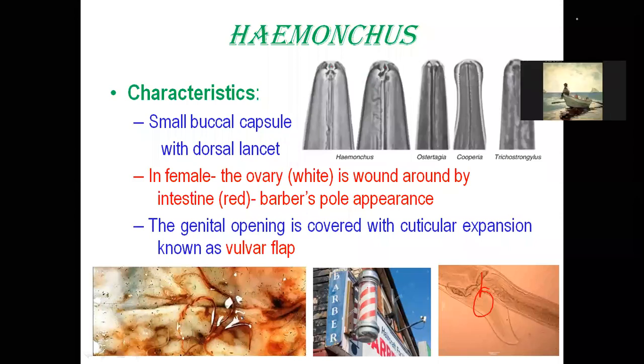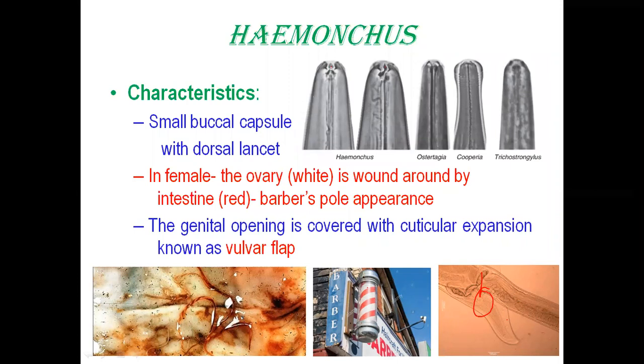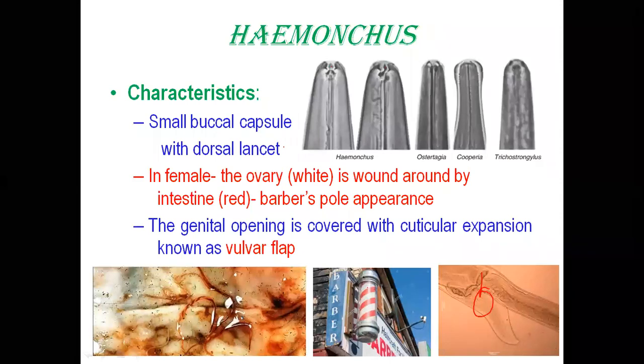But if you come to the mouth part, there is a small buccal capsule with a small lancet or small teeth, which helps in penetration into the abomasal wall.